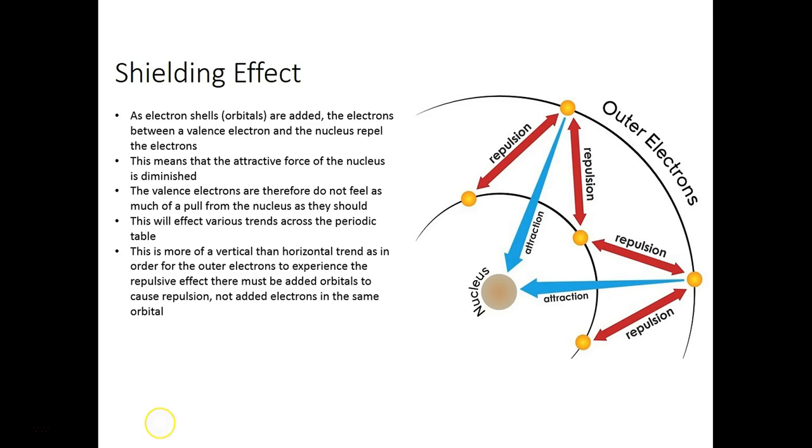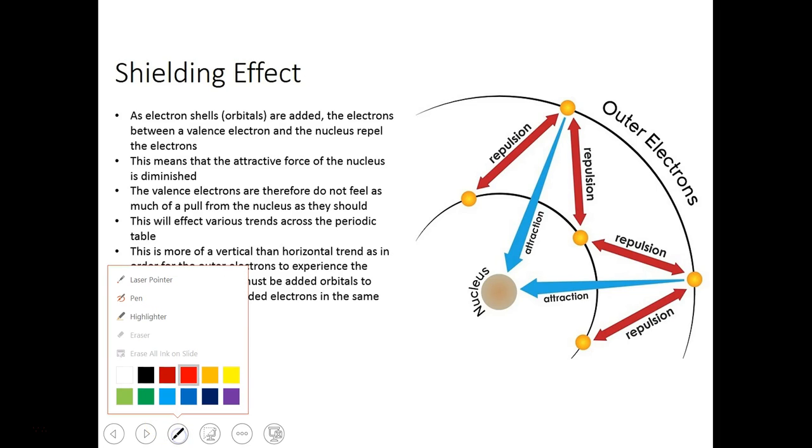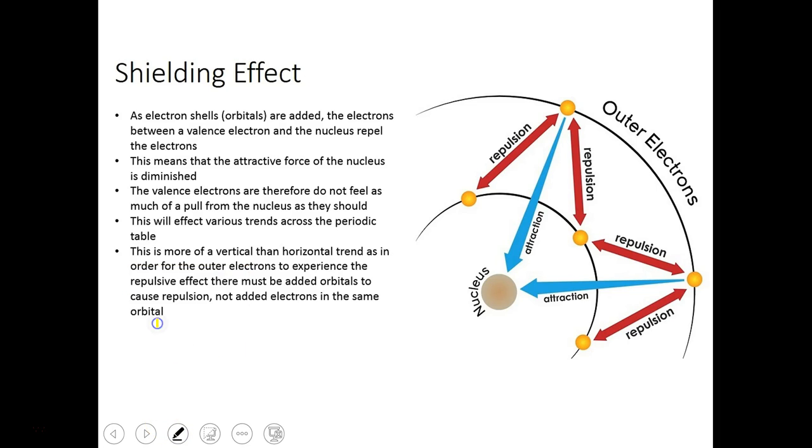As you add more and more orbitals, so more and more levels, more and more floors, the electrons are going to repel each other. So not only are you adding more floors to the hotel, these guys want to get away from each other. That's pushing it out even more.